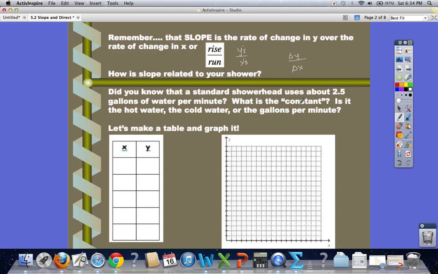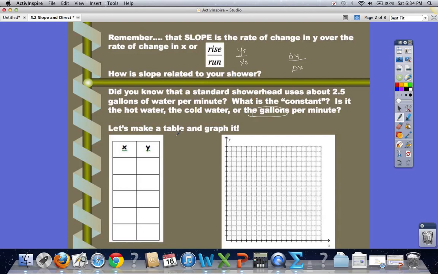Yes, the 2.5 gallons per minute. That is the constant. It doesn't change unless for some reason you have a break in the water line down the street and then you don't have any water. But the 2.5 stays pretty much the same.